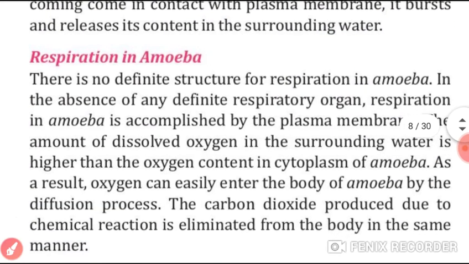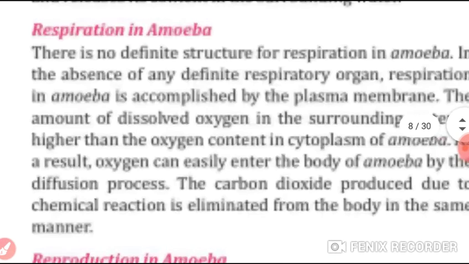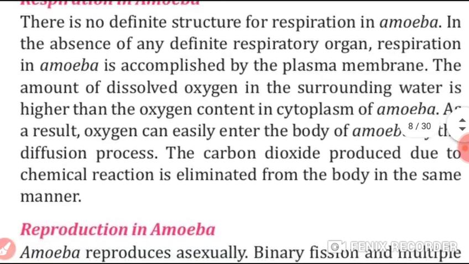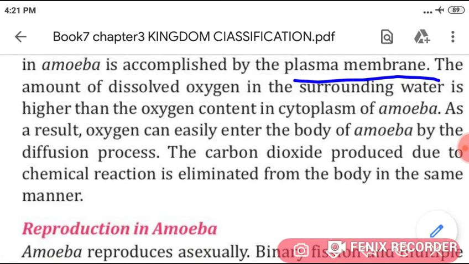Now, students, respiration in amoeba. Students, there is no definite structure for respiration in this amoeba. In the absence of any definite respiratory organ, respiration in amoeba occurs through the plasma membrane.